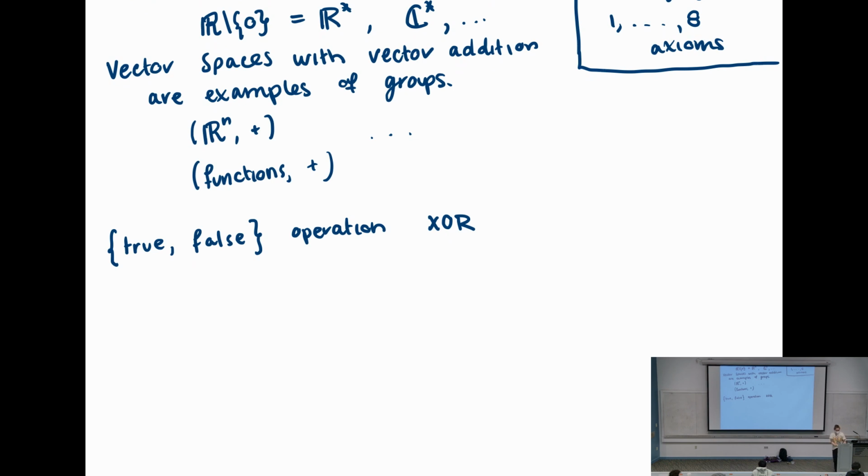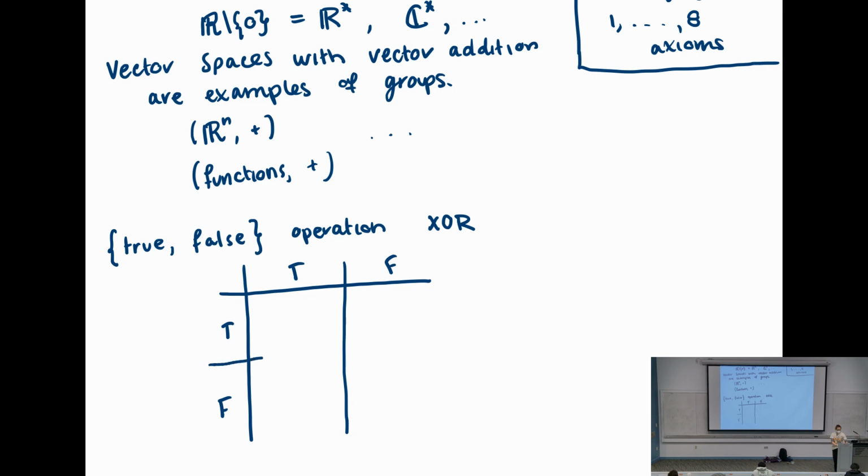We can make a table where along the top and the side you write all the elements of the group, true and false, and then in the entries of the table you write what the product is. True XOR true would be false, true XOR false is true, false XOR true is true, and false XOR false is false.